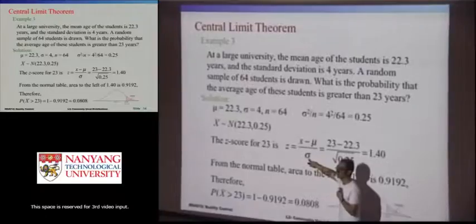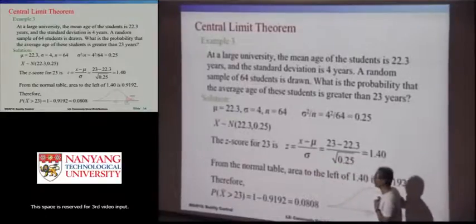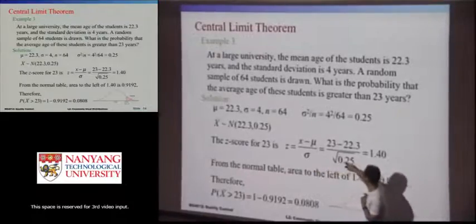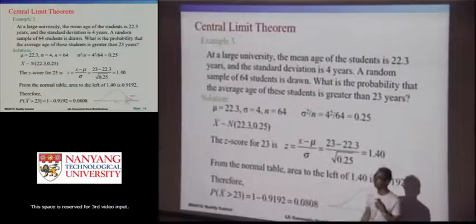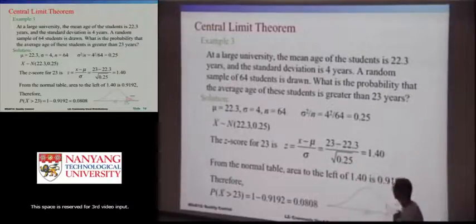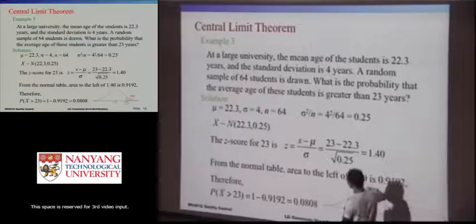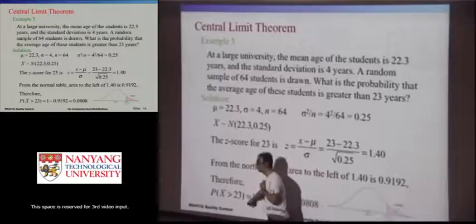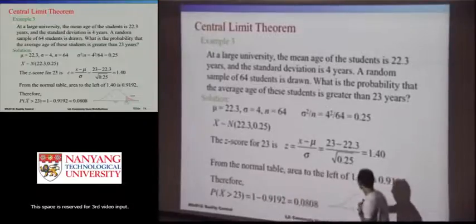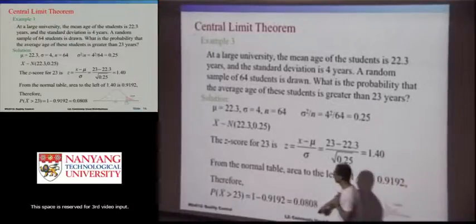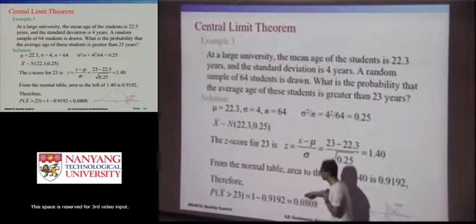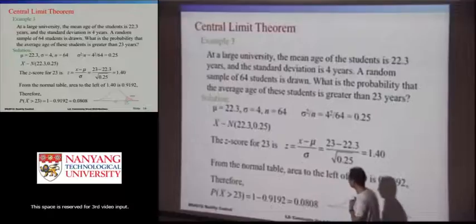That will be wrong. If this distribution is about x bar, here must be sigma x bar. Then sigma x bar equals the square root of this. This is the right of this cutoff value, and from the z table, what we get is to the left. So we need to use 1 minus this value from the z table, and we get a probability of 0.0808.